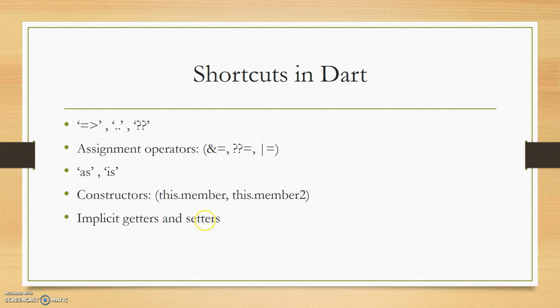So the first parameter that the user gives you will be what this member is set to, and then the second is member 2.